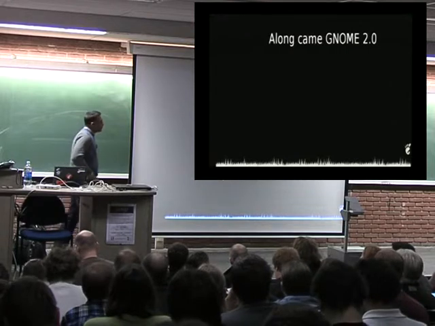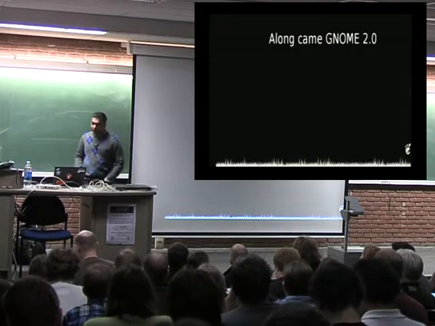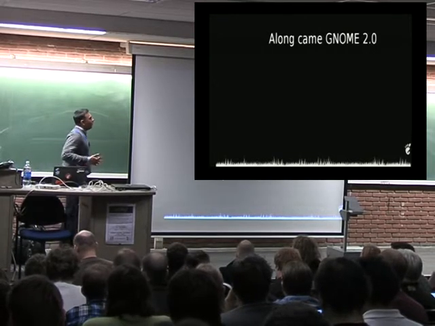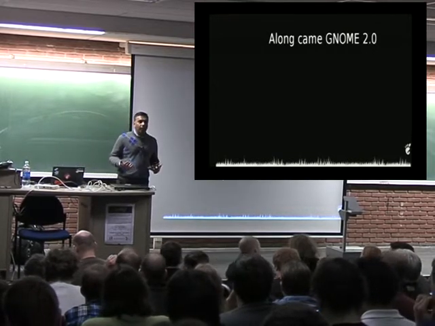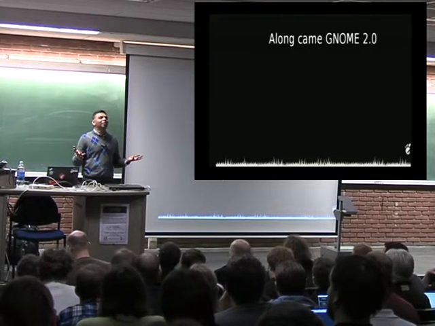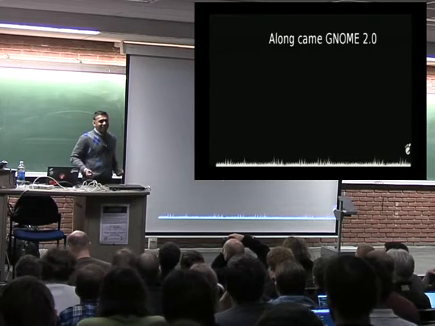So when we transitioned to GNOME 2.0, it was more than just a transition of a version number, right?